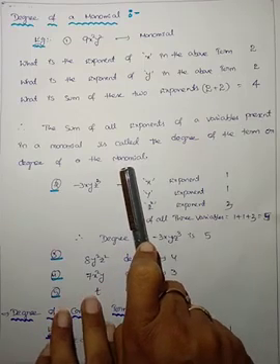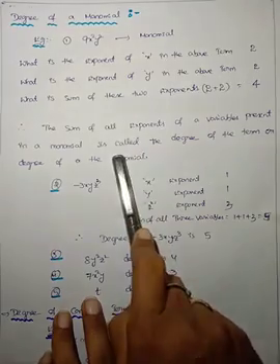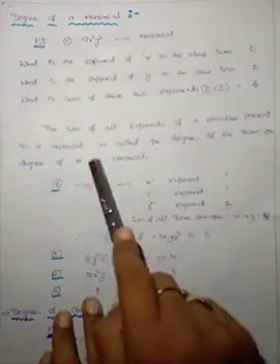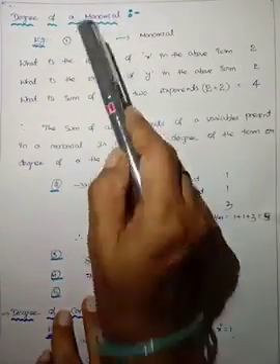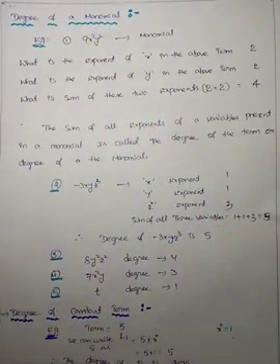So how do we find the degree of the monomial? We have to sum, we add, all the exponents of the variables in the term.